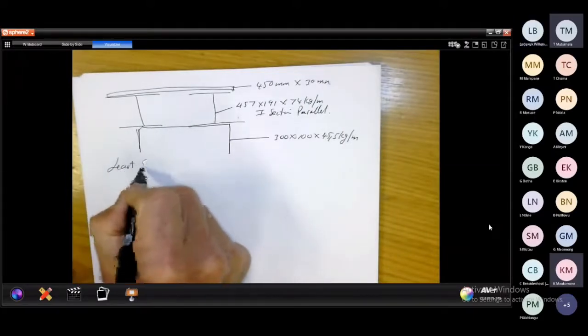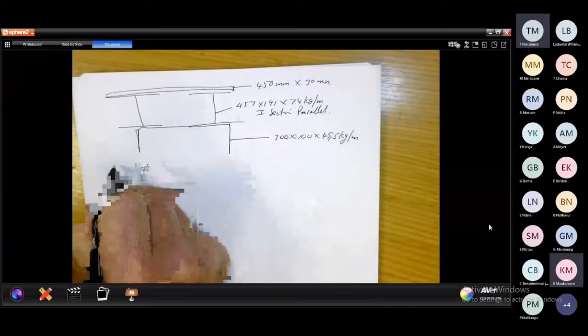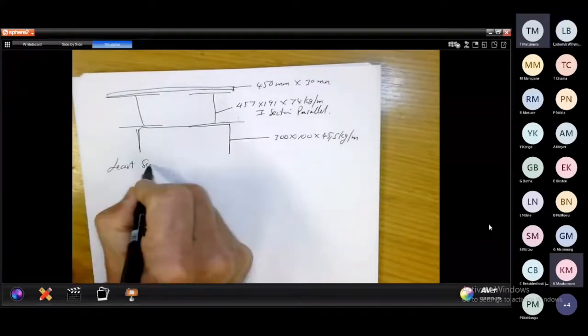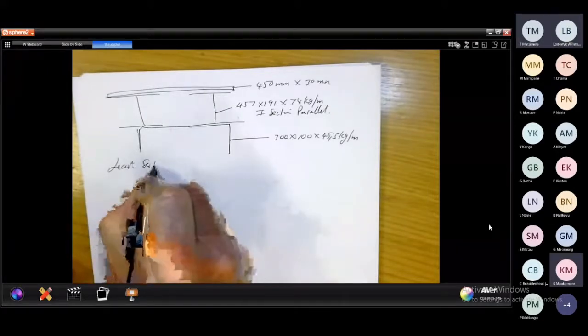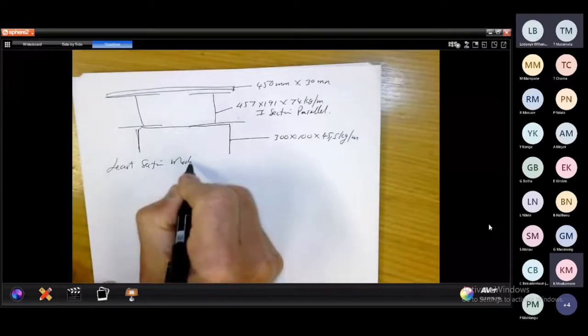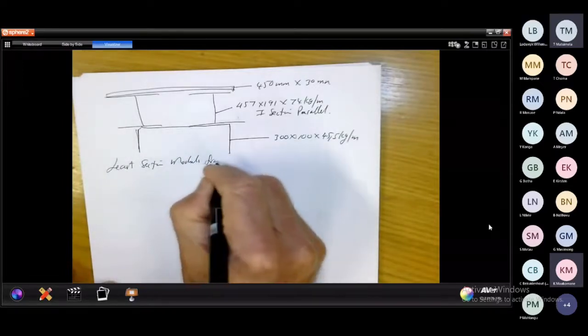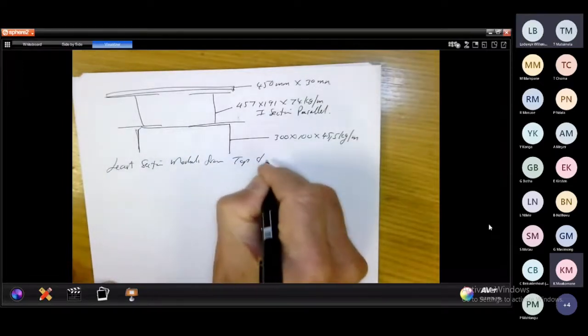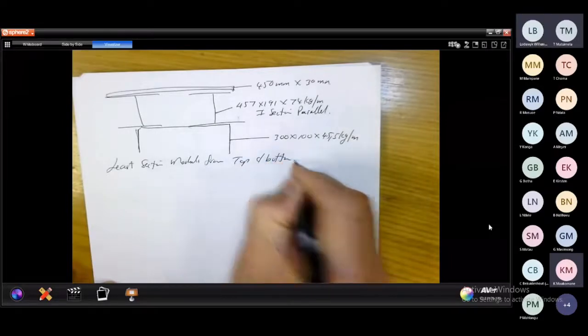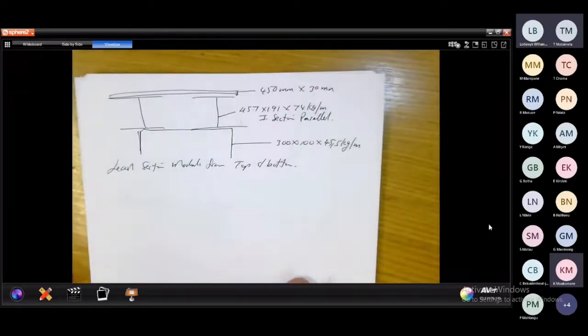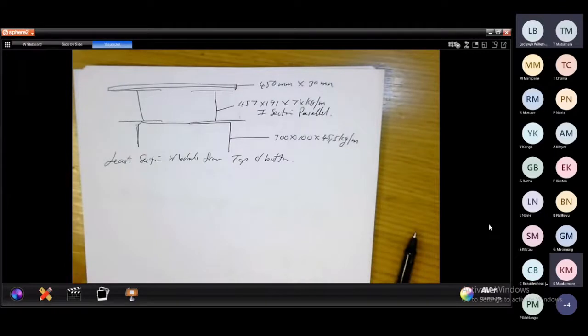Right, and the question says you want the least section modulus from top and bottom. Right, that is the one out of your tutorials. All right, tell me, do you want to work from the bottom or from the top? You can tell me now.